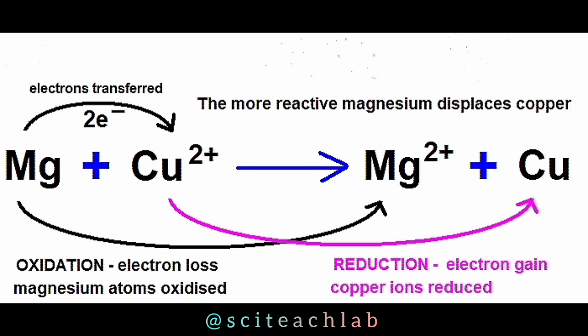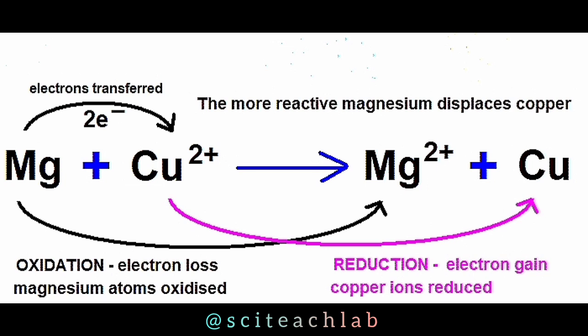Then the Mg on the left hand side goes to the right hand side and becomes Mg2+. Mg is the one that lost those 2 electrons. Mg was neutral here, so for it to become 2+, it means it lost 2 negative things and became 2 times more positive than it was. So that 2+ that Cu had has been transferred to Mg, because it's Mg that gave the Cu the 2 minus.